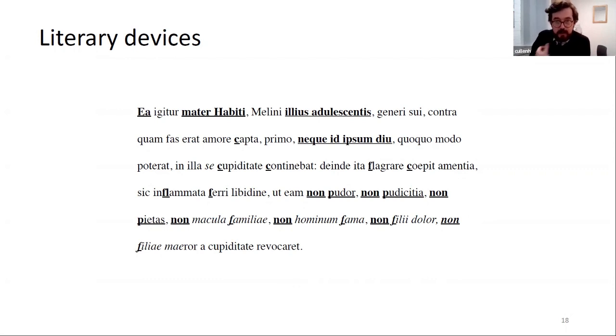You've got your sound effects, your alliteration, you've got your anaphora of your N's and your P's, and then your F's, and there's a bit of chiasmus there as well to weave in, with macula familiae hominum fama. So the chiasmus of nom gen nom, which itself creates this pattern of the F's as well. So there's tons, of course, to talk about in terms of lit crit, but it's only one aspect, and could have definitely come on top of much more fundamental analyses of style.